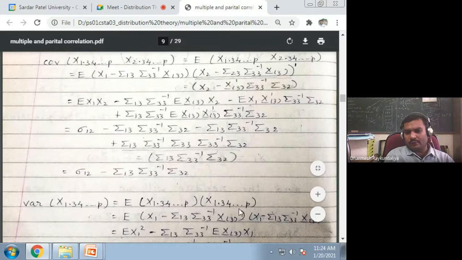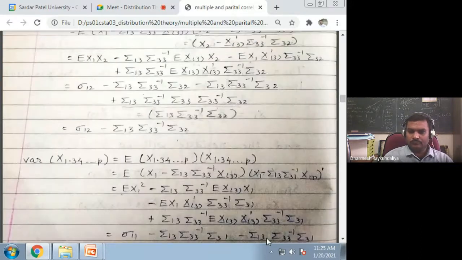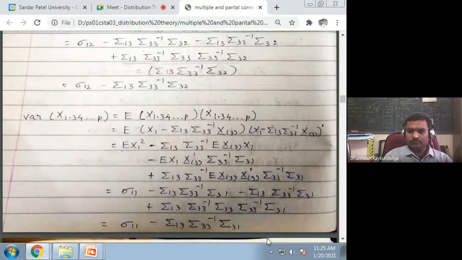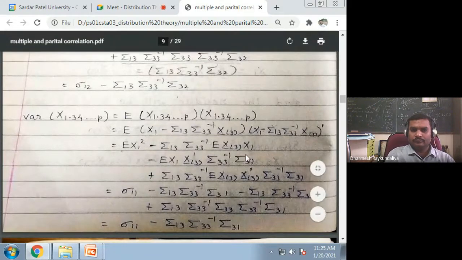So I just write them together next to each other. What is x1 dot 34p? It is nothing but x1 minus sigma 1 3 sigma 3 3 inverse x3.